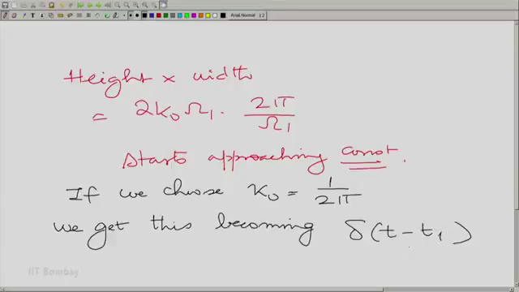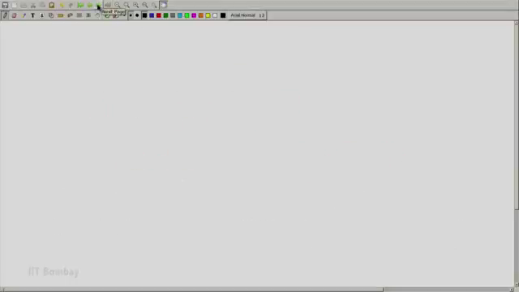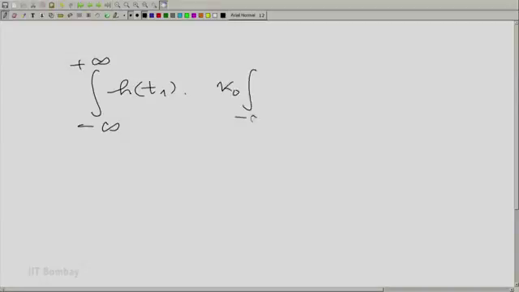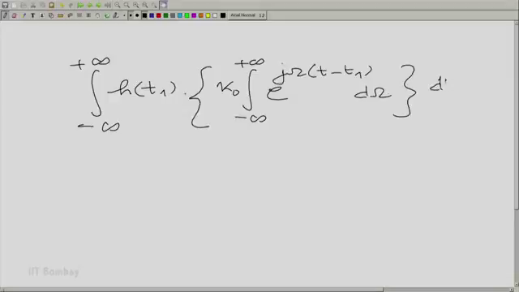And then we have a very beautiful situation. We have integral minus to plus infinity h t1 times this integral inside, kappa 0 into minus to plus infinity e raised to the power j omega t minus t1 d omega, all this business, and then dt1.